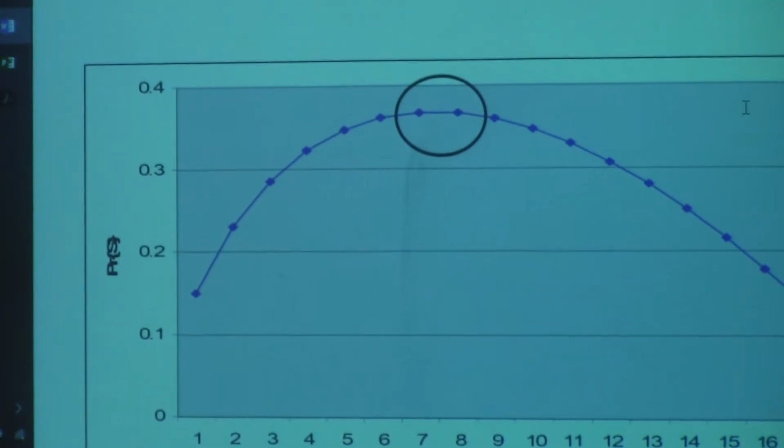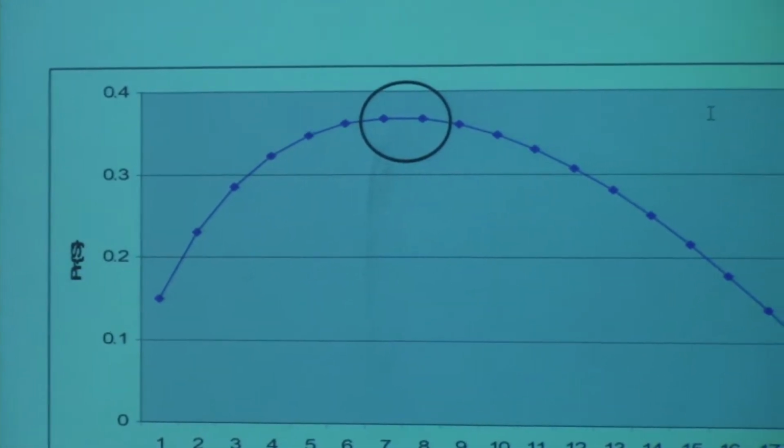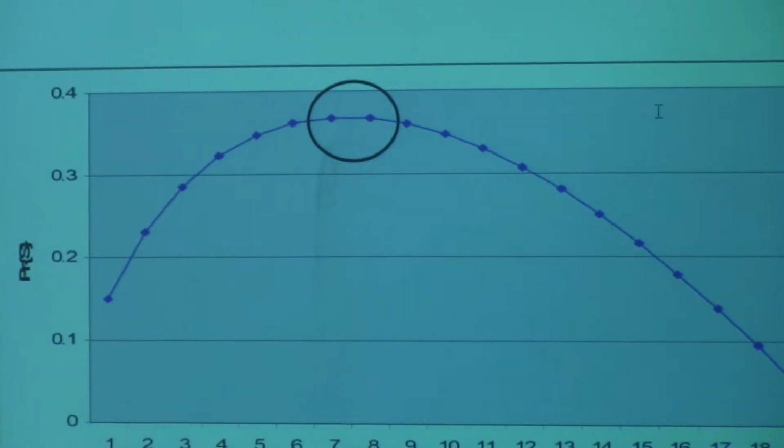So what I did here is I drew a lower limit curve. This is the curve right here, k over n times the natural log of n minus the natural log of k. Why do I circle this? Because this is the derivative.